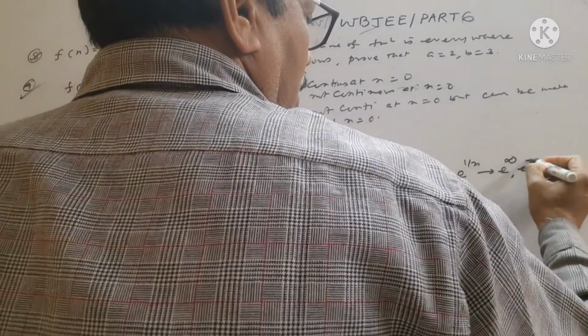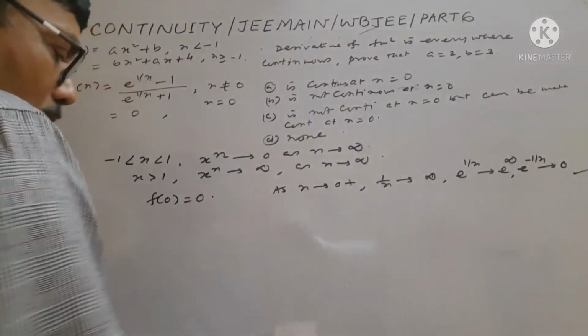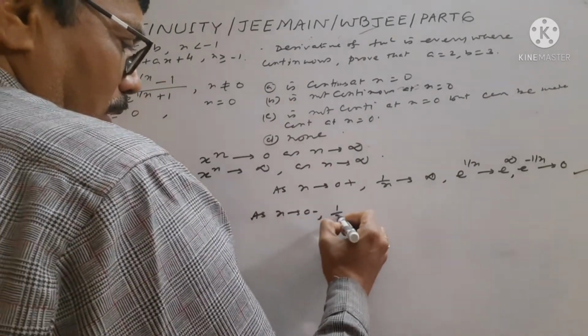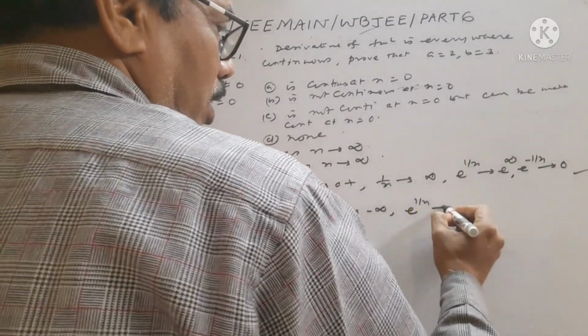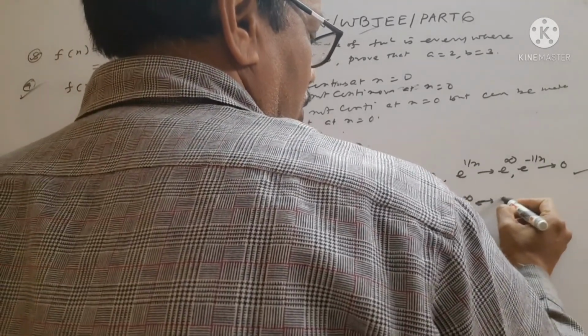Therefore, e to the power minus 1 by x tends to 0. Similarly, as x tends to 0 minus, 1 by x tends to minus infinity. So, e to the power 1 by x tends to e to the power minus infinity, which tends to 0.